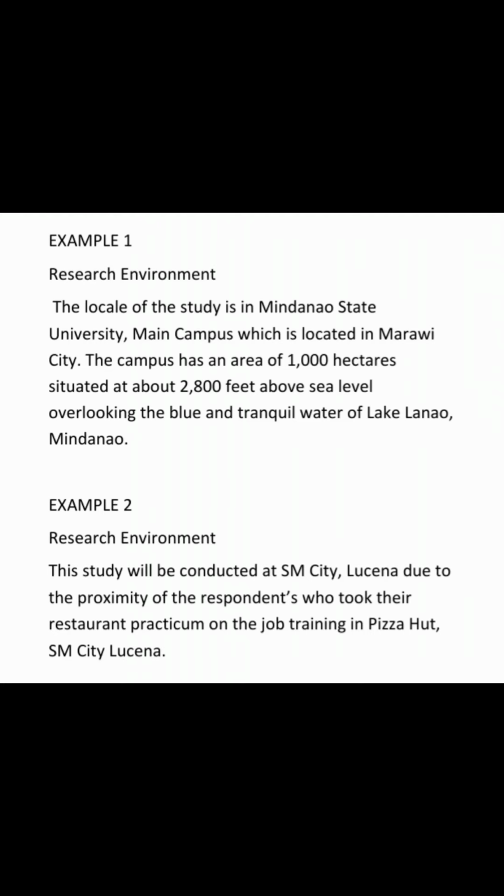And also, when you choose a research environment, you should make sure that the place where you are going to conduct your research is accessible, not dangerous, near, and very convenient for you, for us to conduct our research. So I have here two examples of research environment.